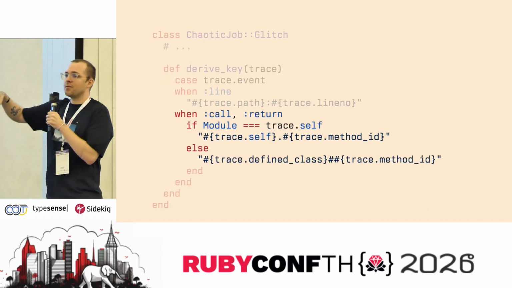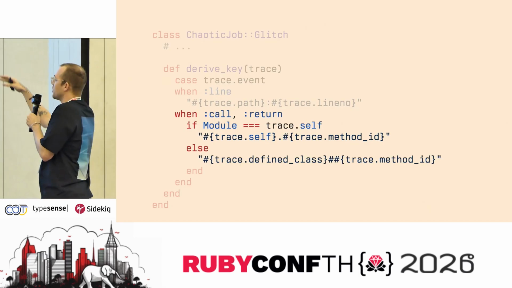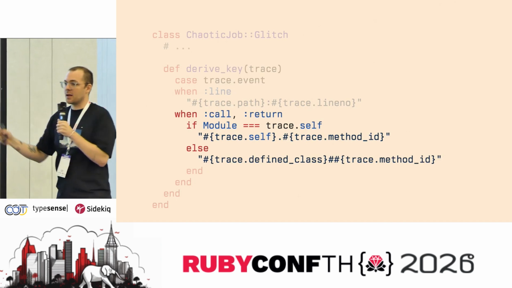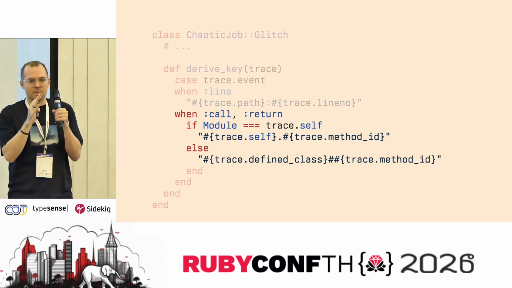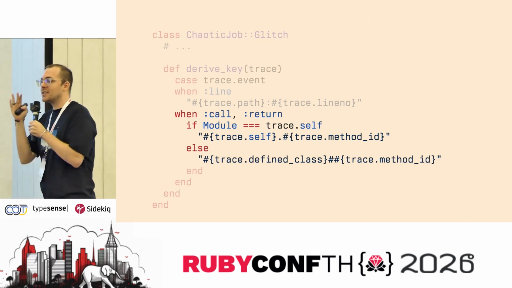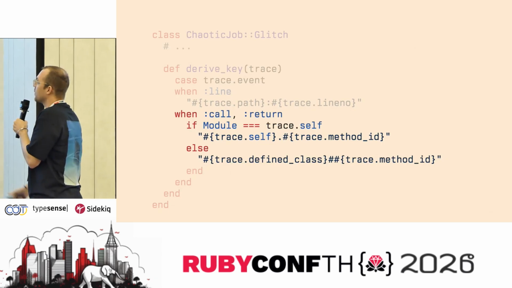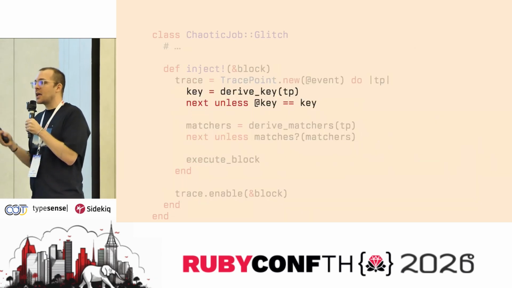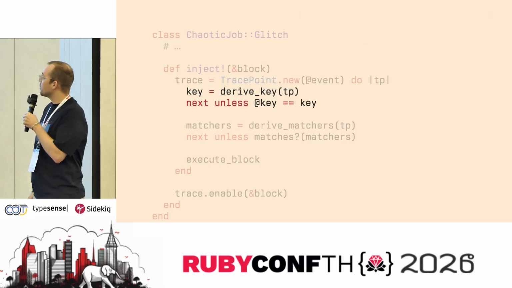We use a dot for class level methods, and we use a pound for instance level methods, and then we just use the method name. So this is a very human readable way for us to identify a particular execution event. And whenever they match, we're going to continue. If they don't match, we just escape and move on.